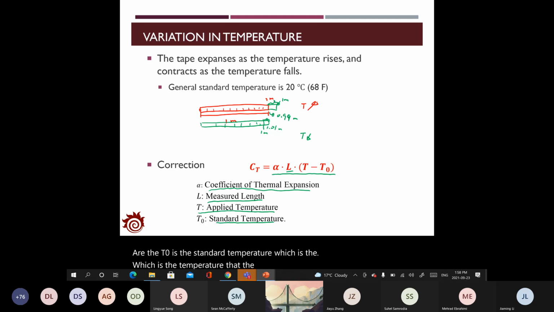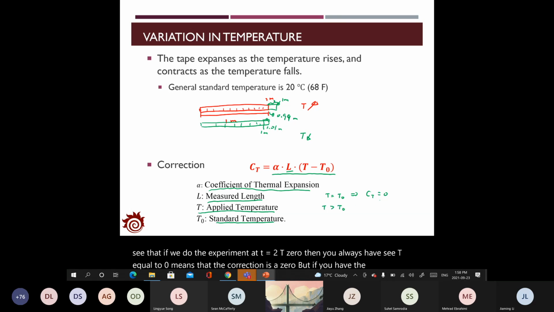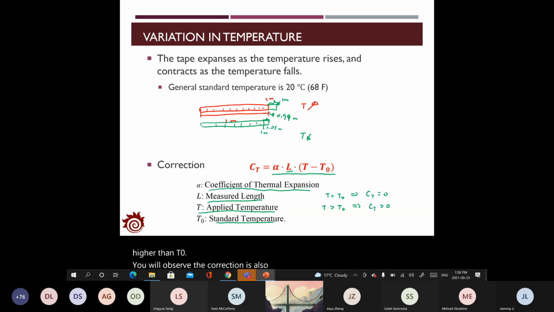With this equation, if you do the experiment at T equal to T0, you will always have C_T equal to 0, meaning that the correction is 0. But if T is higher than T0, the correction is larger than 0, and this means that you need to add the correction to the observed value.